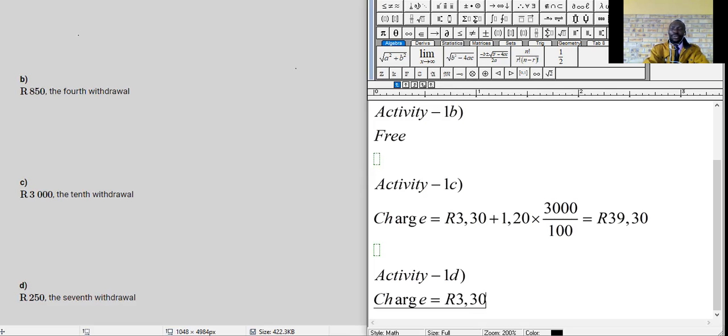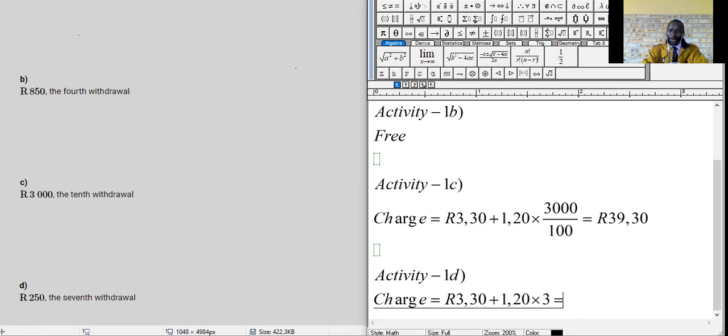You see that? So in this case, the charge is going to be calculated from the original amount, which is 3.30, that we have to add. This time, what are we adding this to? Well, we are adding this to 1.20 times, remember, this is the 7th withdrawal. It's beyond the 5th withdrawal. So we are going to multiply with the number of hundreds in 250. Well, it turns out that there are 2.5 hundreds, and so we round that to 3 hundreds, which we could also write as 250 divided by 100.